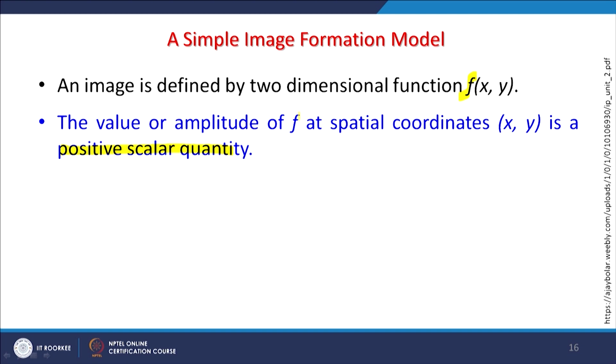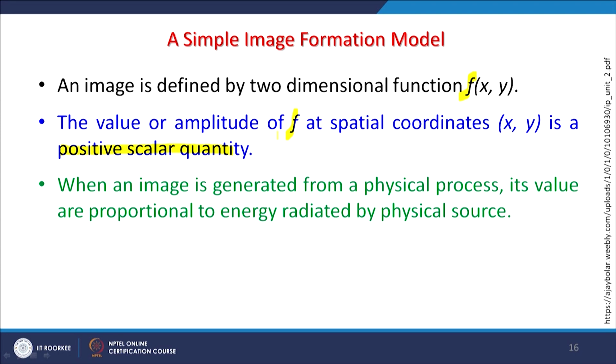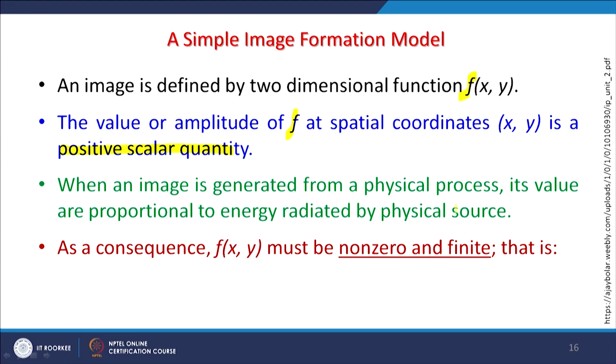So f basically becomes the pixel value, which is nothing but the amplitude of the energy reflected or emitted which is being recorded. When an image is generated from a physical process, its values are proportional to the energy radiated by a physical source. This is exactly what is done in satellite based sensing.